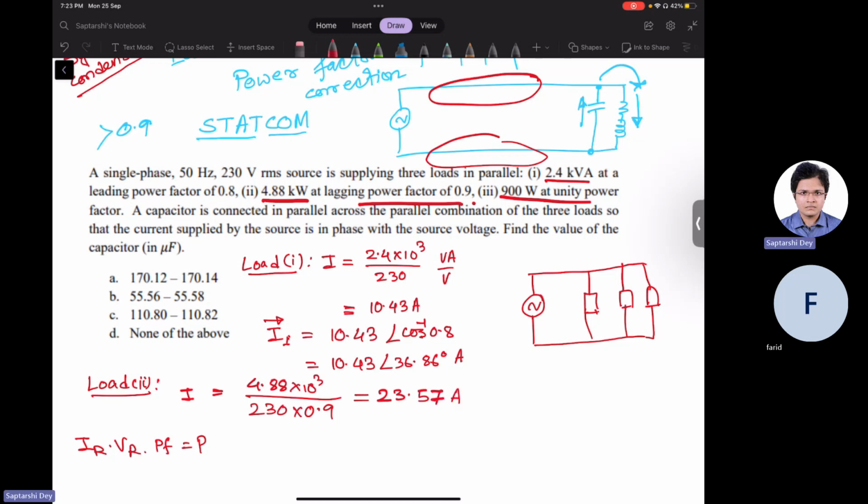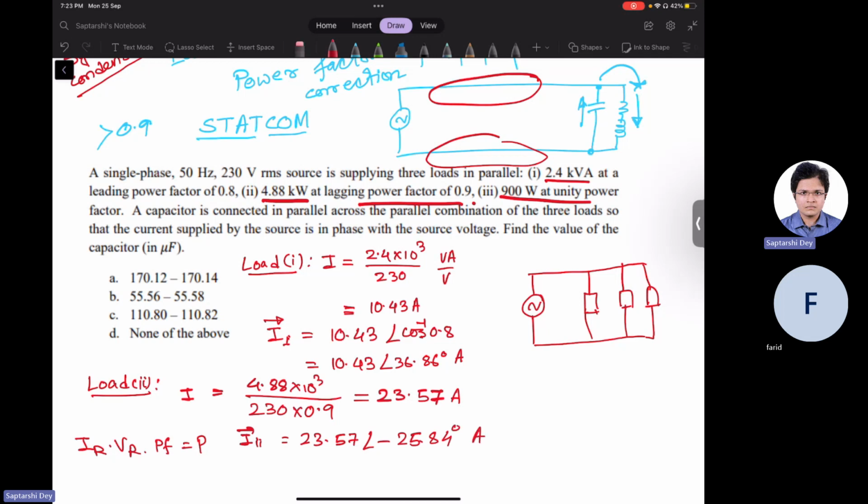23.57 ampere, and if I write it as a vector, it's 23.57 angle minus, it's lagging, cos inverse 0.9, minus 25.84 degrees, ampere.